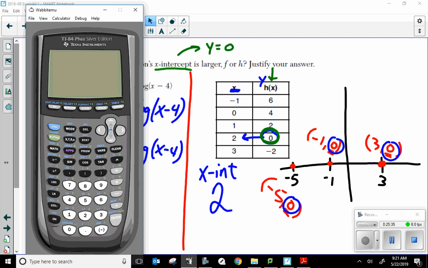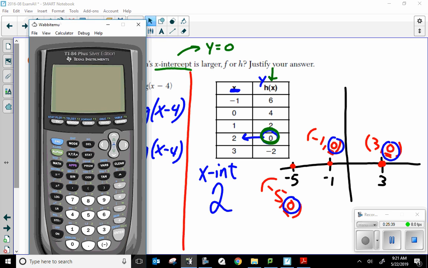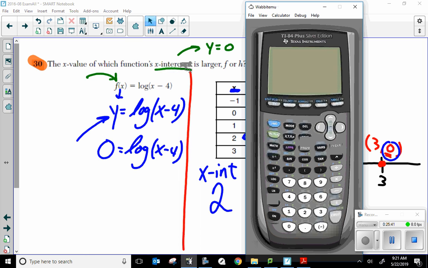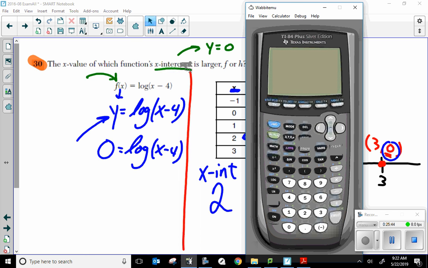So the first thing I'm going to do is grab the calculator and turn it on. Clear. I'm going to go to y equals. I'm going to clear this out, that was from last test.